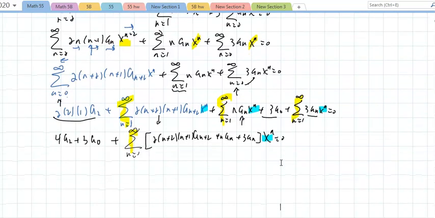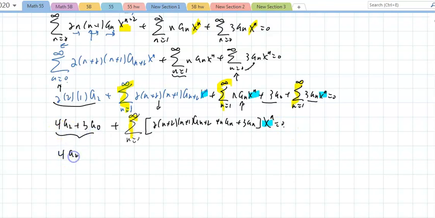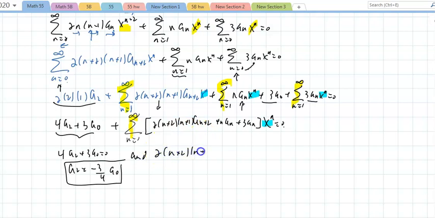And now, for this to be 0, I need 4a sub 2 plus 3a sub 0 to equal 0. That means a sub 2 is negative 3 over 4 a sub 0. I got a sub 2, very good. And on top of that, I have twice n plus 2 into n plus 1 a sub n plus 2 plus, can't I factor an a sub n out of this?